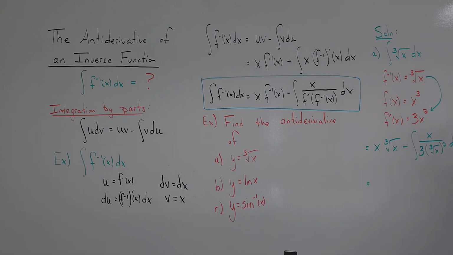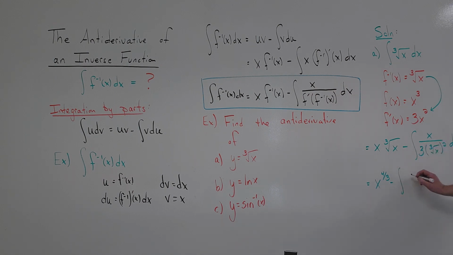Okay, let's simplify this. X times the cube root would be x to the first times x to the 1/3, which gives me x to the 4/3, minus the integral.